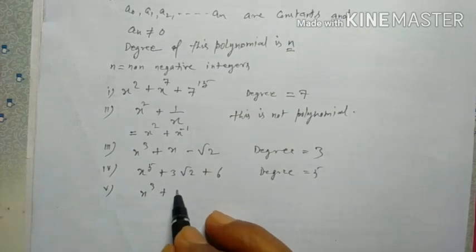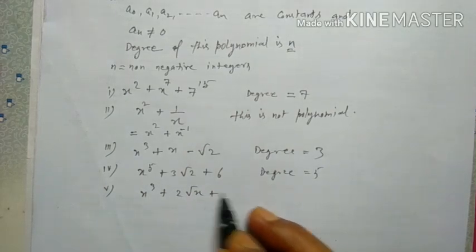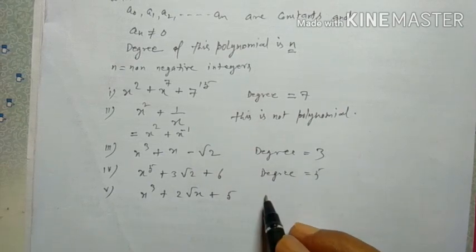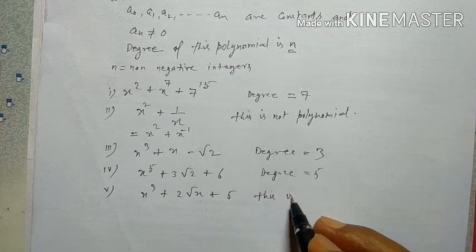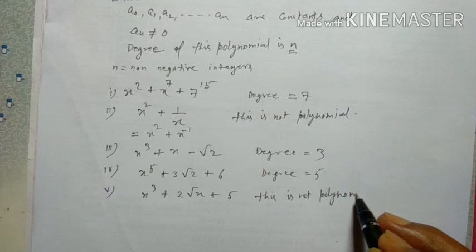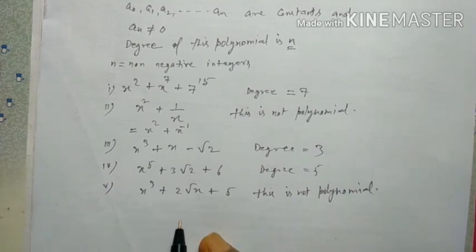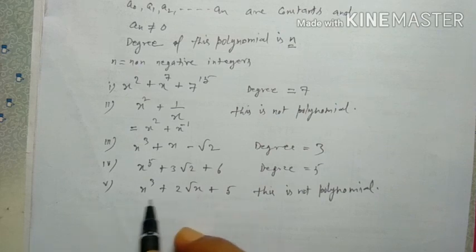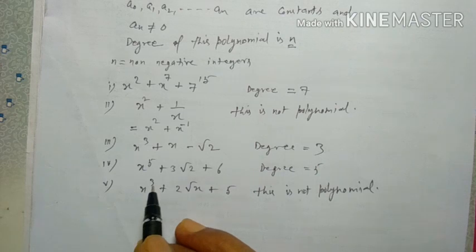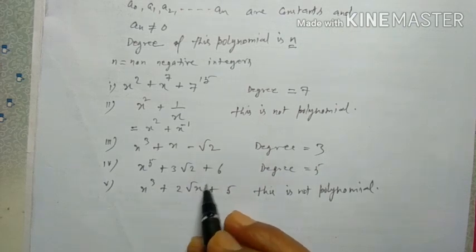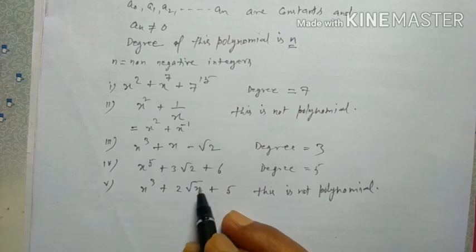Let us take another example, x cube plus 2 root x plus 5. This is not a polynomial because the exponent of x is 3 in the first term, and in the second term x to the power 1 by 2, which is the form of a fraction.